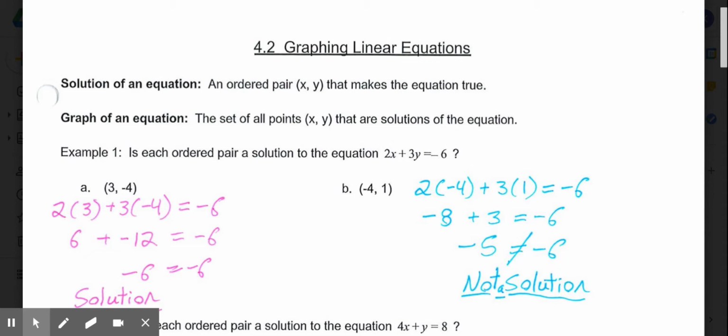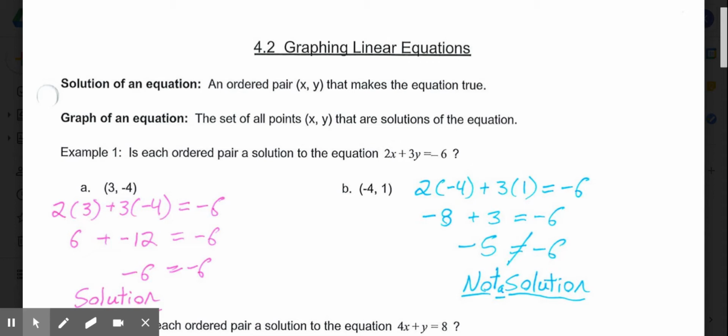The graph of an equation is the set of all points or all ordered pairs, x and y, that are solutions of the equation. So a single ordered pair that makes the equation true is a solution. A graph is the set of all of those different solutions.